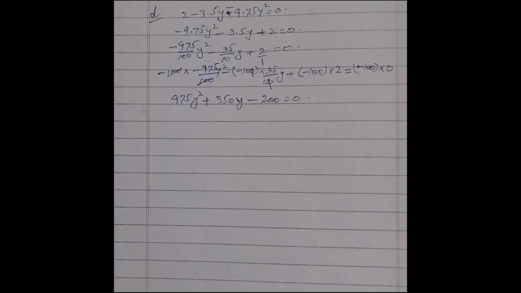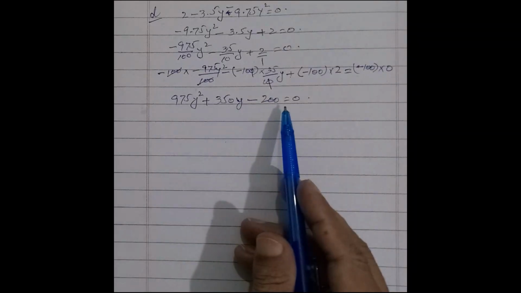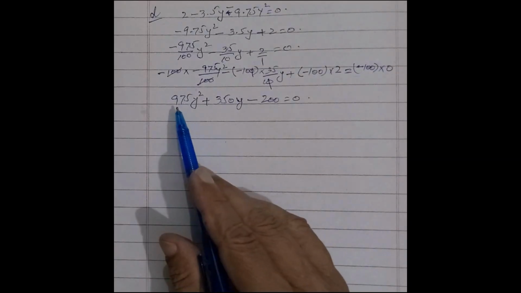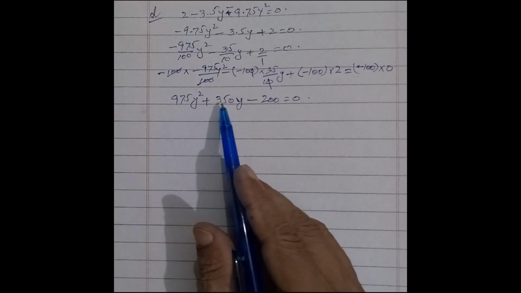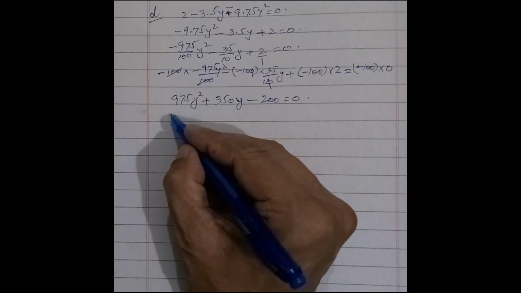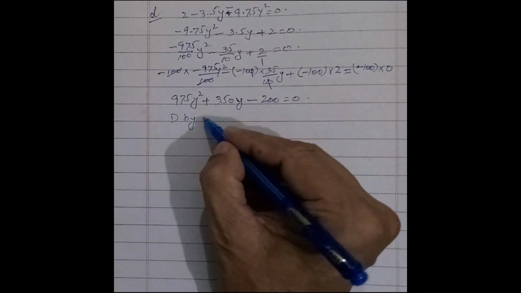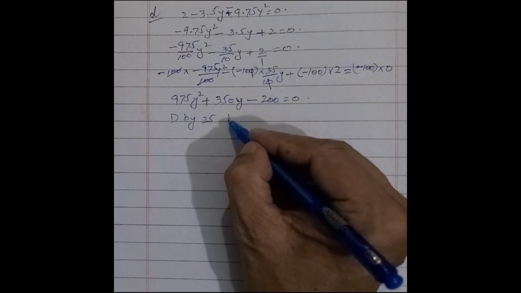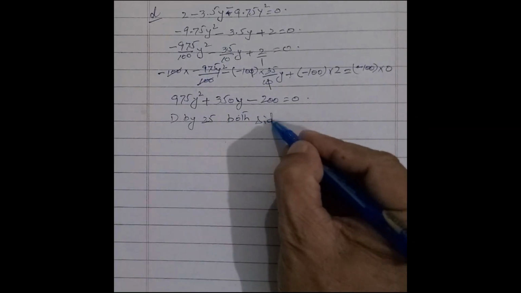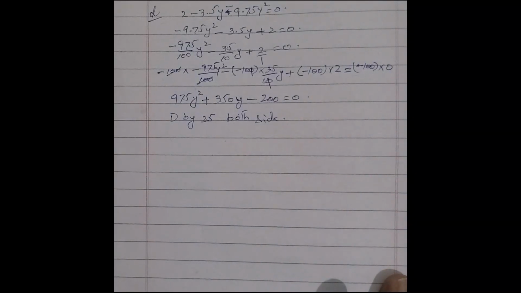Next, we simplify these values to make our question easy. So we divide both sides by 25 first.